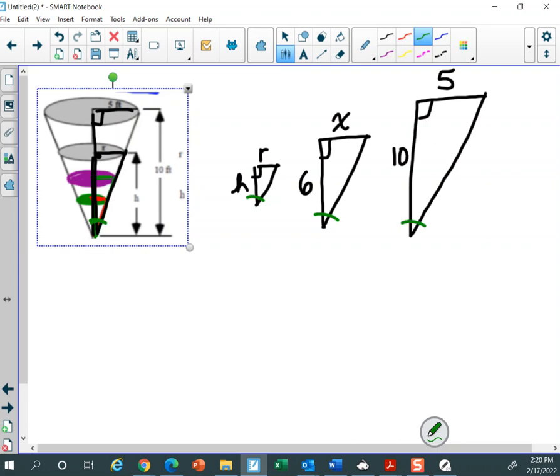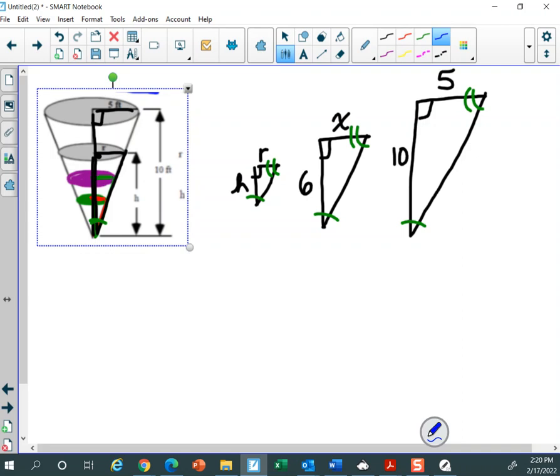So if I pull the triangle out, this little angle down here is the same angle whether it's in the little guy or the bigger guy or the all the way up guy. So it's got this angle the same and this angle the same. So that would have to mean that these angles are the same.